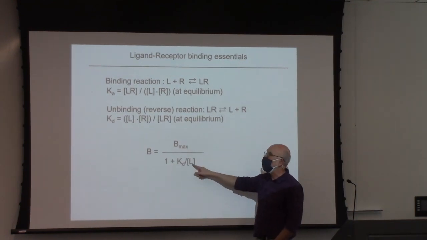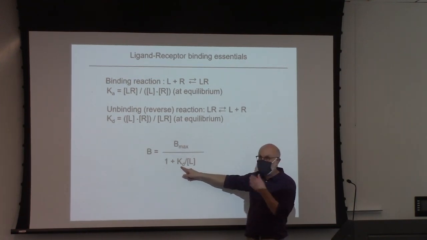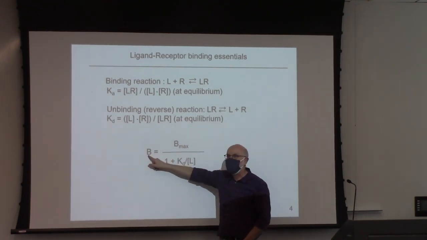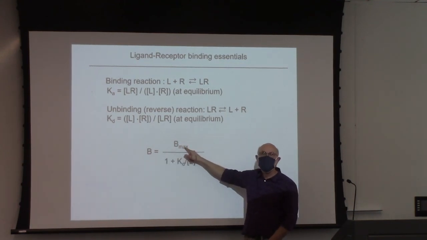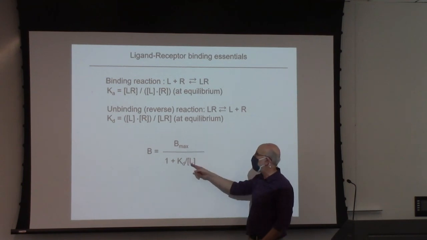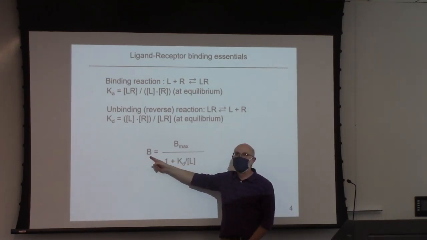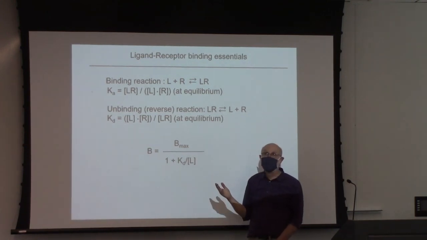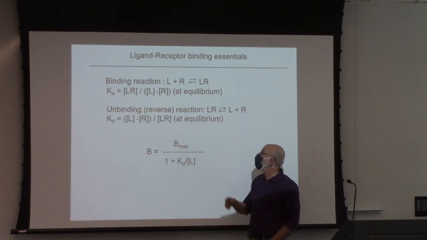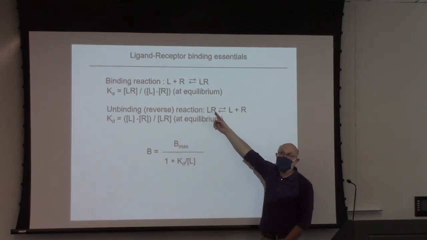So when the ligand concentration is high relative to its Kd, the amount bound is getting close to the maximum. That makes sense. High concentration of ligand, high amount bound, reaching a maximum. It can't just keep going up and up because we have a certain number of sites.